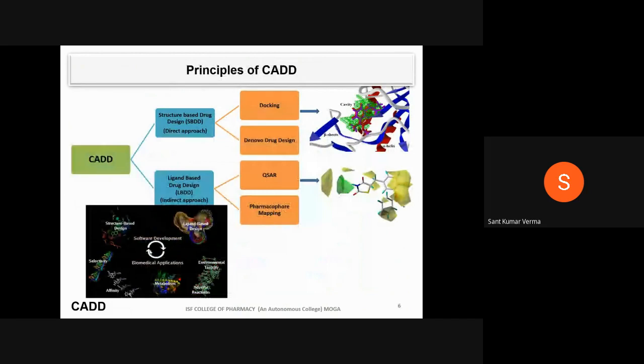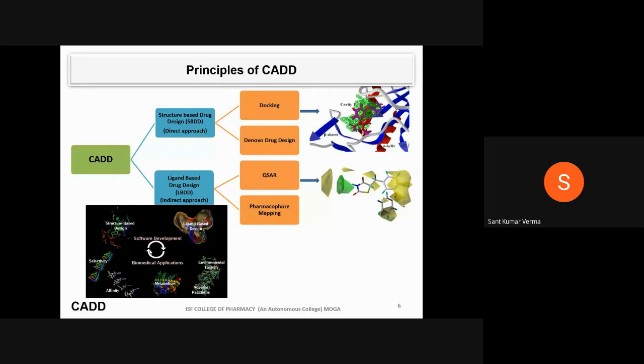These are the principles of CADD. If we have the structure of the target, then this approach is known as the direct approach and is called structure-based drug design or SBDD. And if we do not have the structure of the target, this approach is called the ligand-based approach or ligand-based drug design. It is an indirect approach.